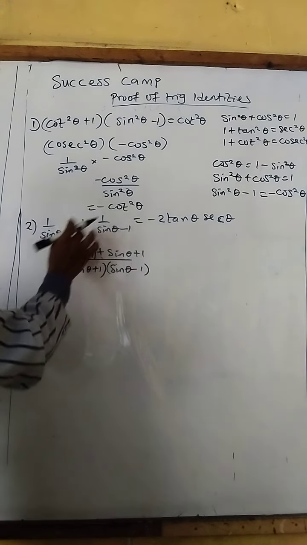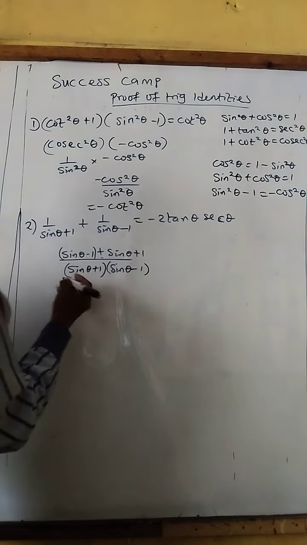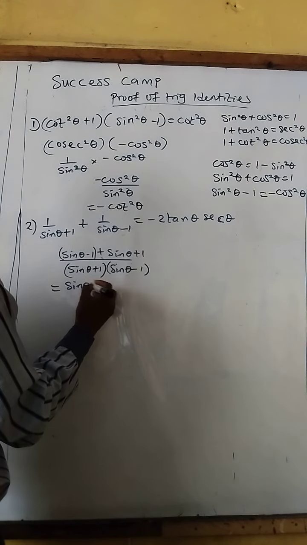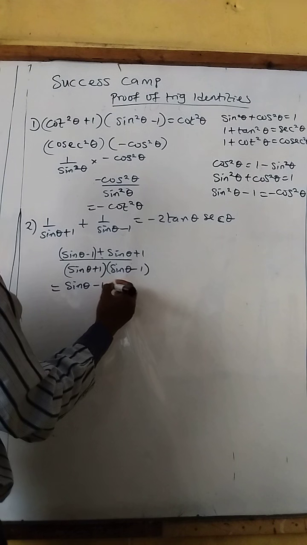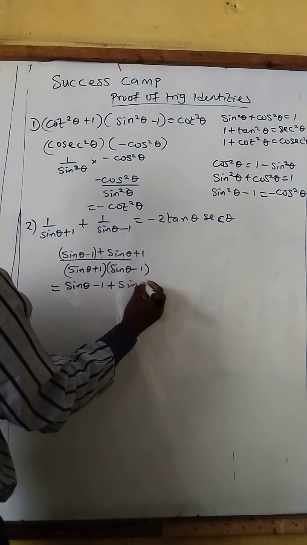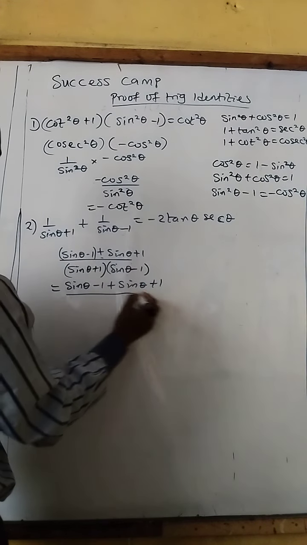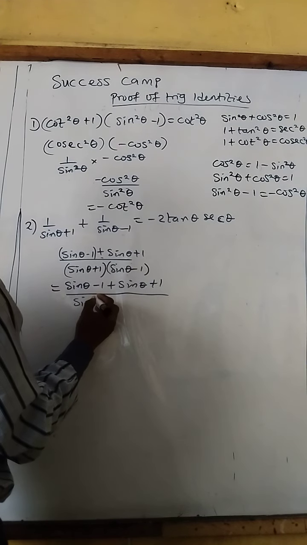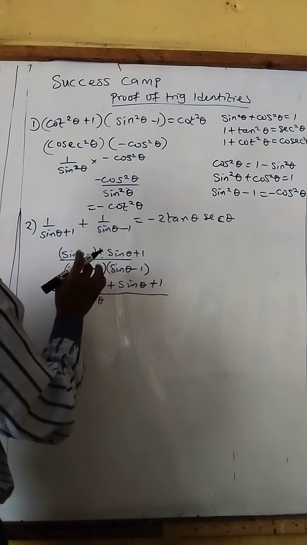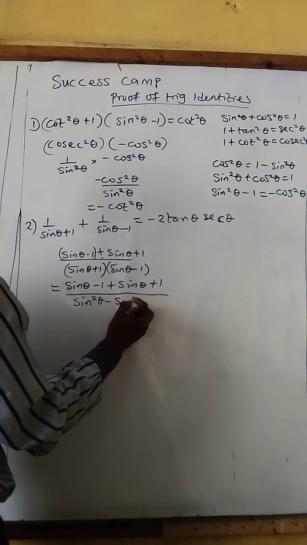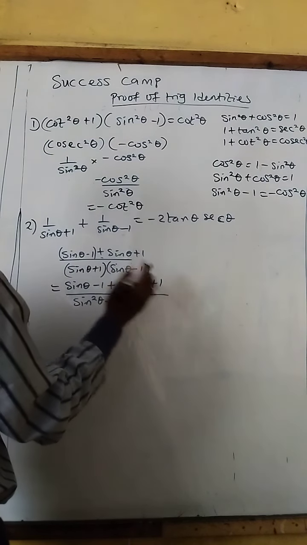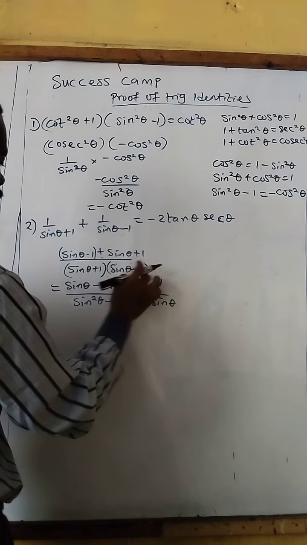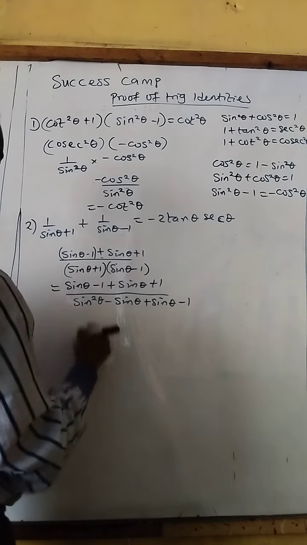Remember I cross multiply, this one will come here, this one will come here. So sine theta minus 1, open the bracket, plus sine theta plus 1, all over this times this sine squared theta, this times this minus sine theta, this times this plus sine theta, this times this minus 1, right?